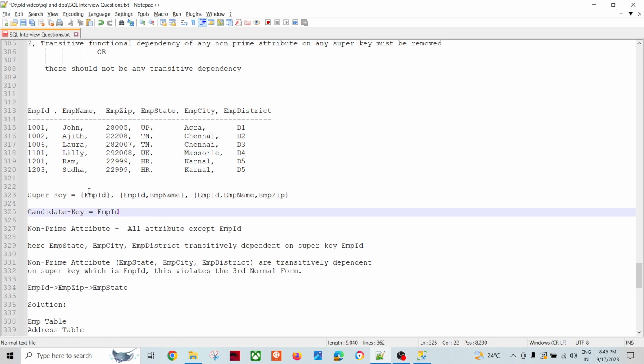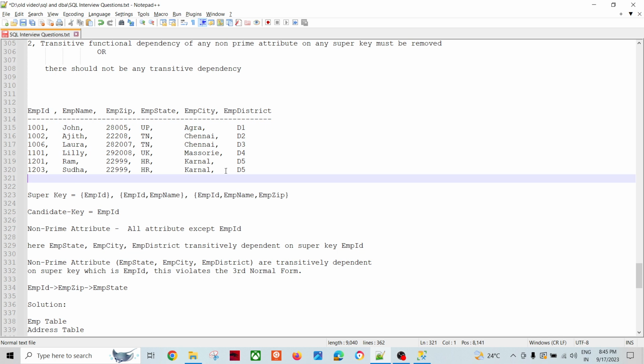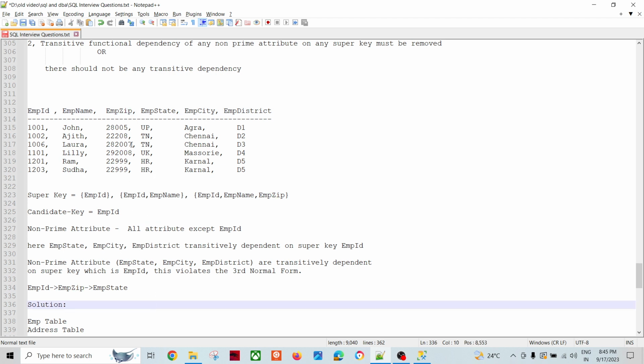So what is the super key here? Employee ID is the primary key over here. To uniquely identify any record, we have an employee ID. So the zip number, or you can call it employee zip, can determine the employee state.